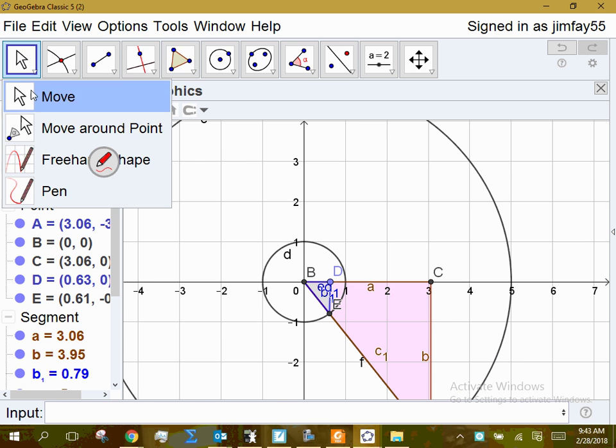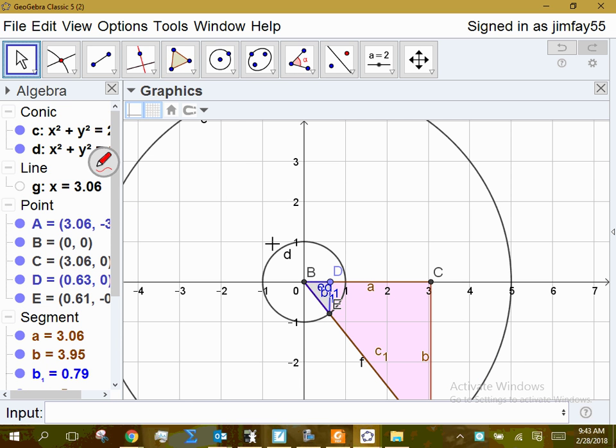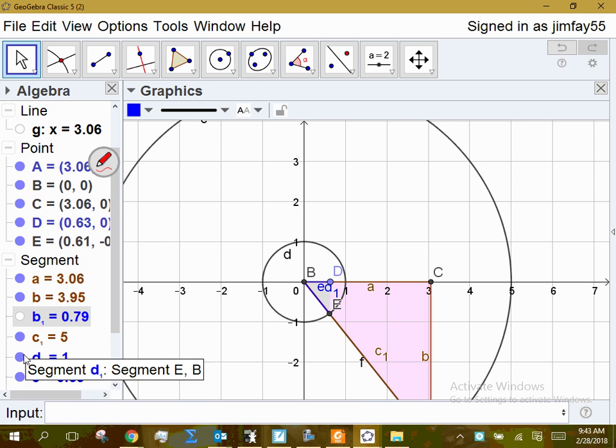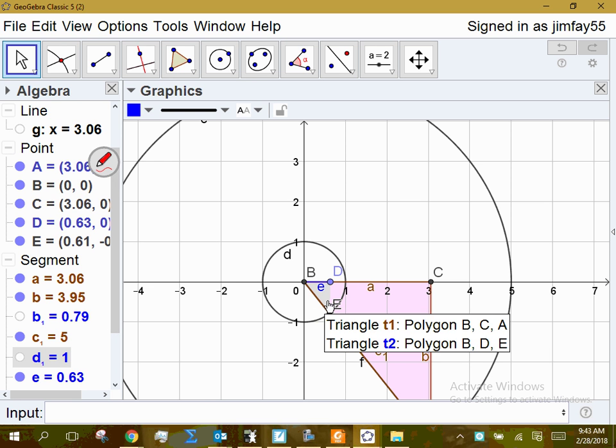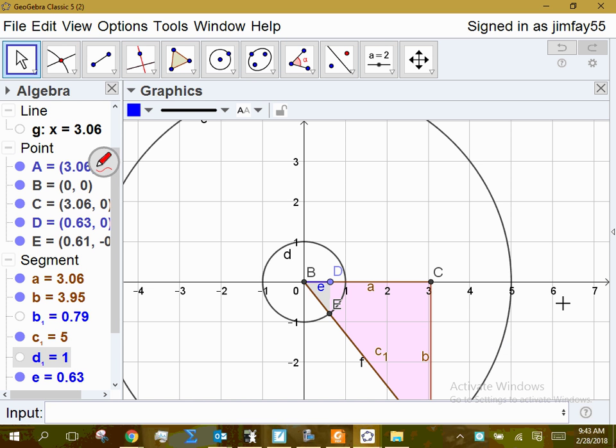Does that make sense to everybody? And what then do you know about that blue triangle compared to the red one? They should be similar, right? By AA. Therefore, sides are proportional, so we're finding the exact same information out. Does that make sense to everybody?